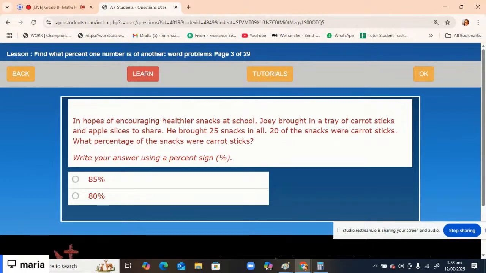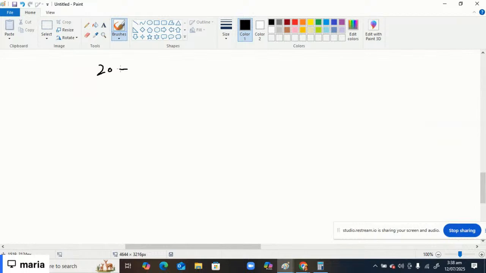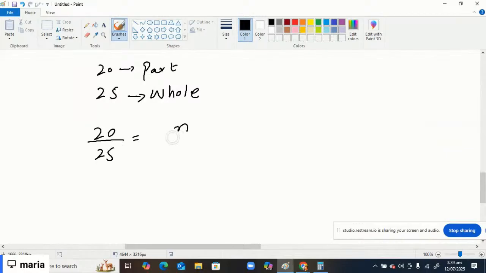So 20 is a part and 25 is whole. So part over whole, this is 20 over 25 and that is n over 100.